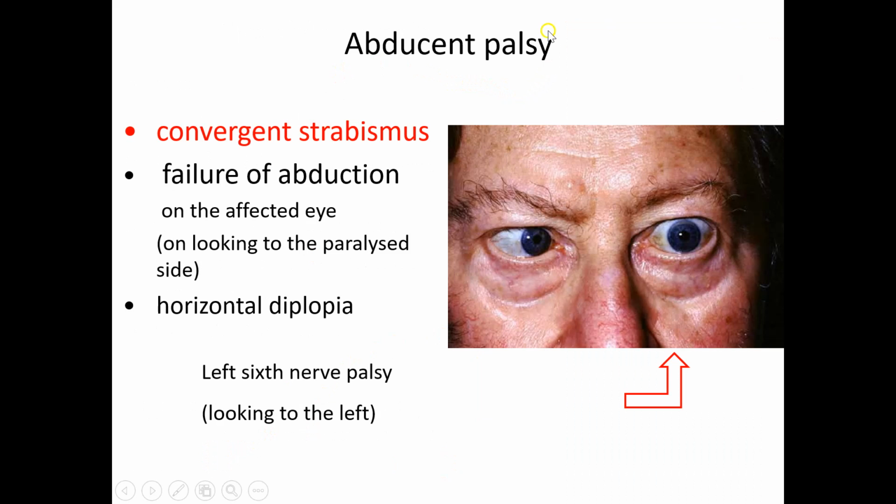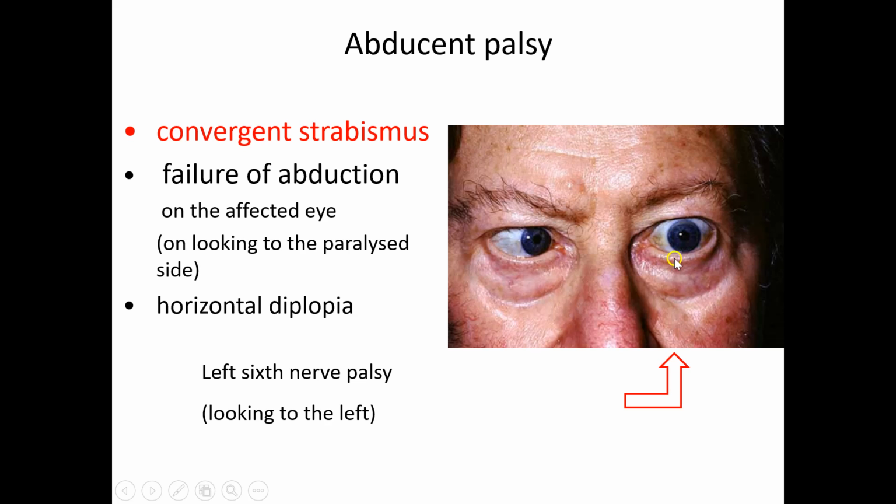This is an example of abducens nerve palsy. You can see, if you can identify, the patient is looking towards the left side, so this eye is moving normally medially, but this eye should also, in conjugate gaze, look laterally, but you can see it is fixed and hardly moves beyond the center towards the left.